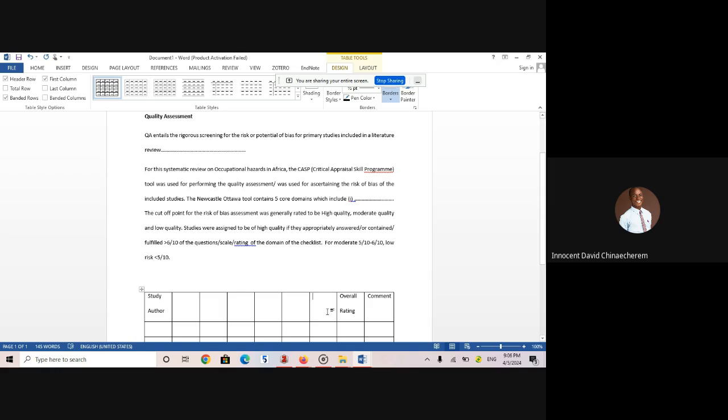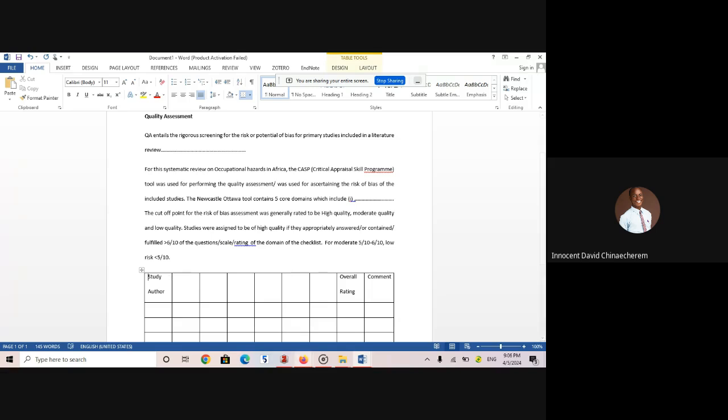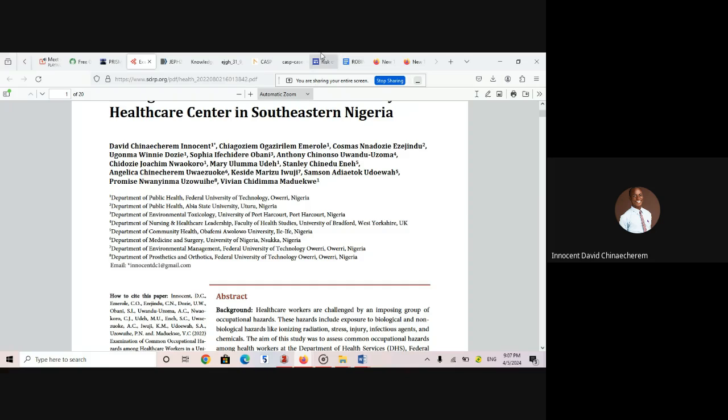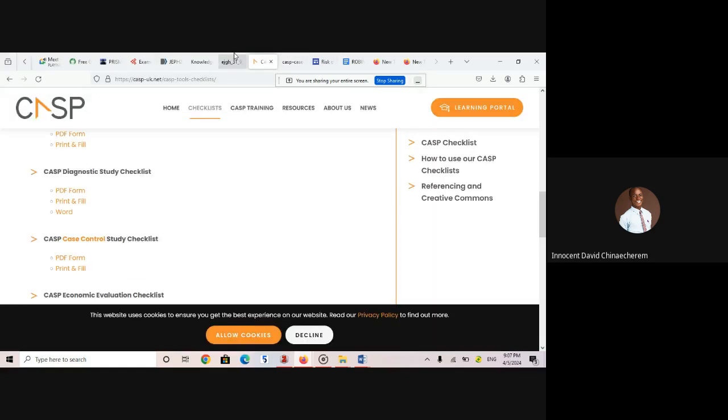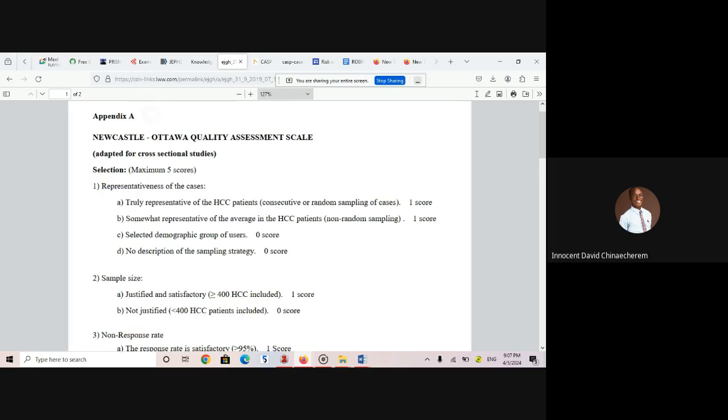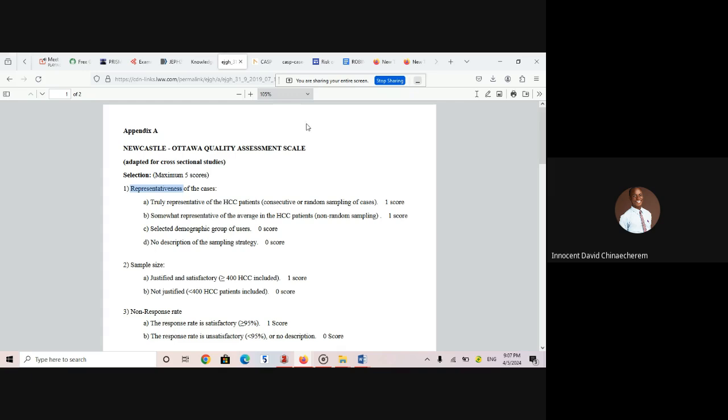What is going to be here is the total number of domains that we have. Remember, this is a cross-sectional study, and we're using the Cochrane risk of bias tool. So let me use the randomization. Here we have the first case, which is representative of the cases, truly representative of the HCC. Now this is a Newcastle-Ottawa scale that is drawn from the table.